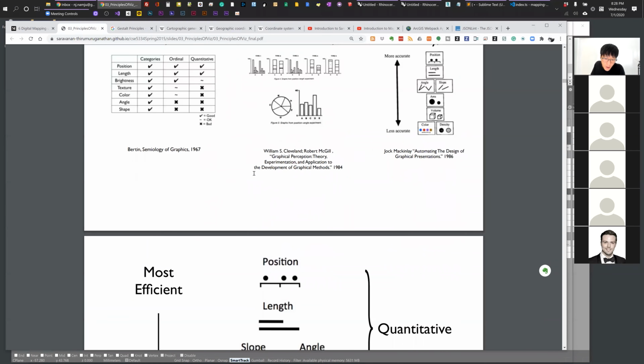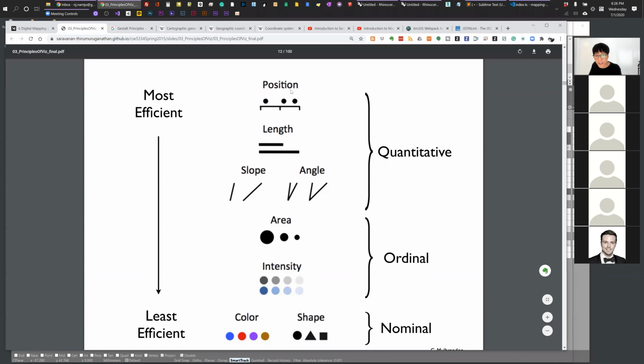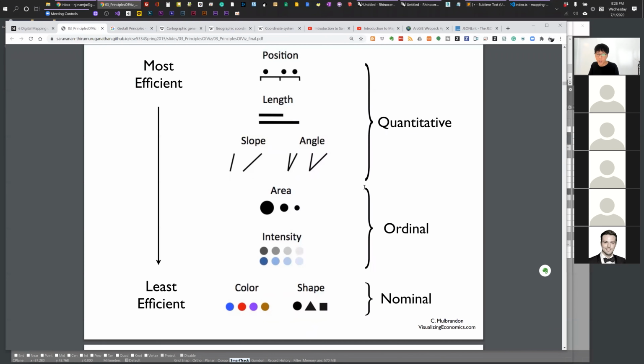This talks about the most efficient way and less efficient ways. This is about quantitative data. Position, length, slope, angle, area, makes sense, right? But what if we have ordinal data or nominal data, just like color, there's no order, right?